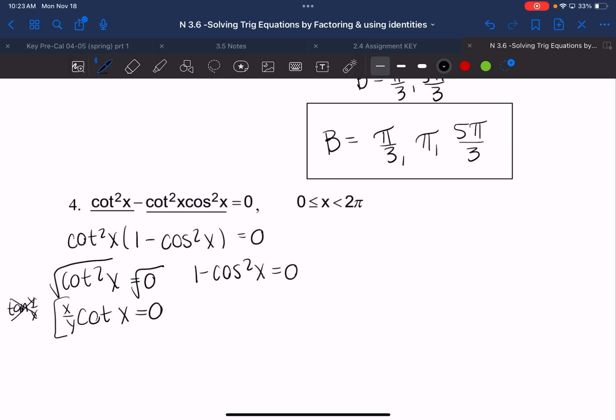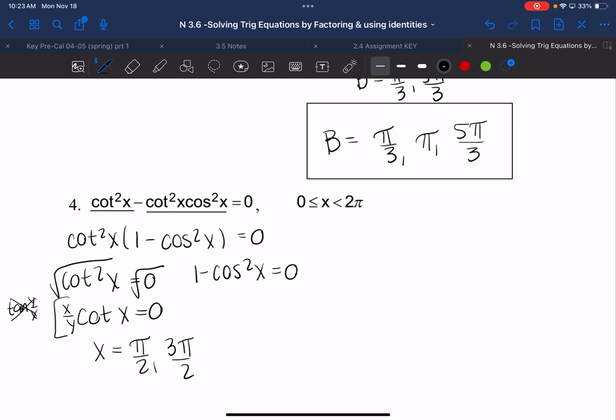So, for us to have gotten 0 instead of undefined, it wasn't the y that was 0. That would have been undefined. It must have been the x. And where did we say that x is 0? Top and bottom. So the top is pi halves, bottom is 3 pi halves, okay. So we get pi halves and 3 pi halves as answers from this piece.